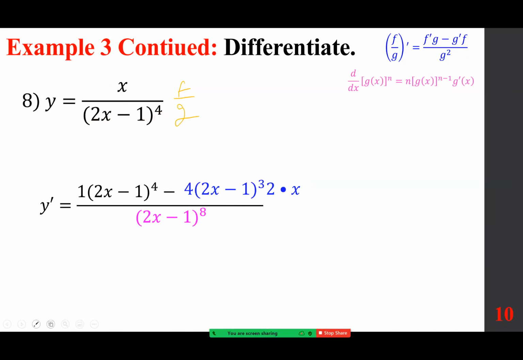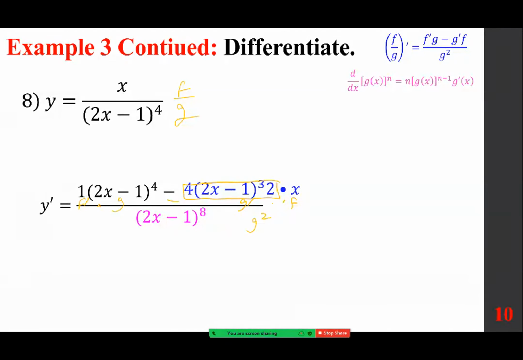So if I want to write underneath, so this is f prime g minus g prime f, and the bottom is g squared.